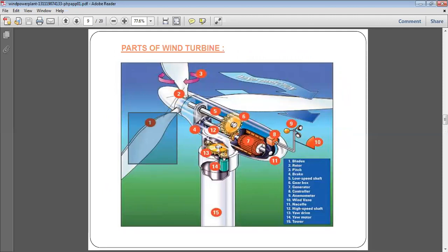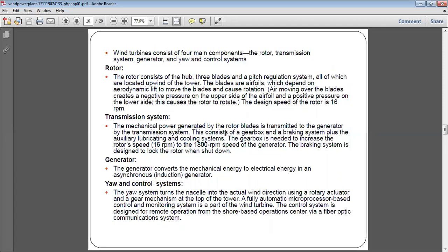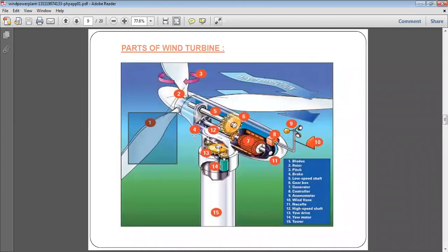Normally the blades are at an angle, so when air passes over the airfoil, or the angle provided on that blade, it produces negative pressure on the upper side and positive pressure on the lower side, which causes the rotor to rotate.